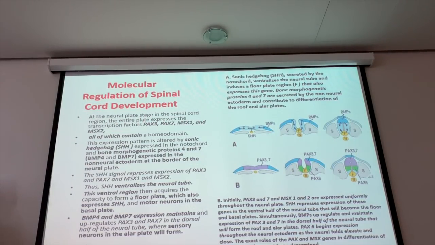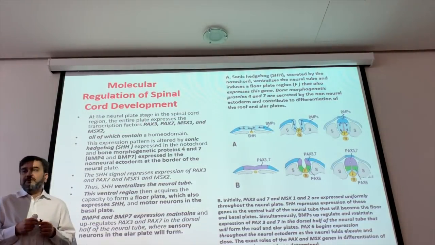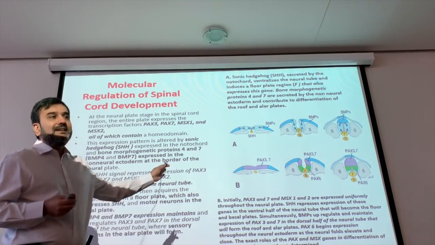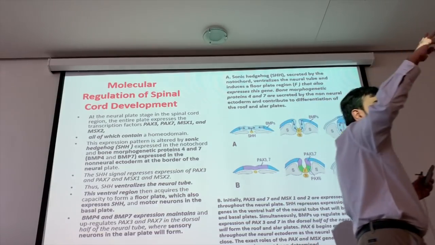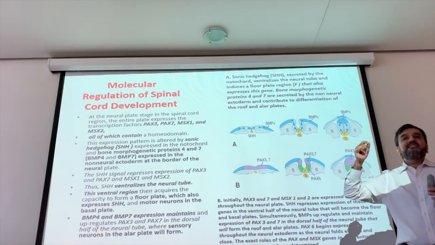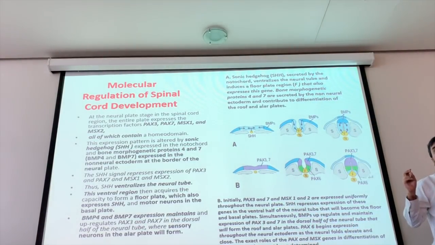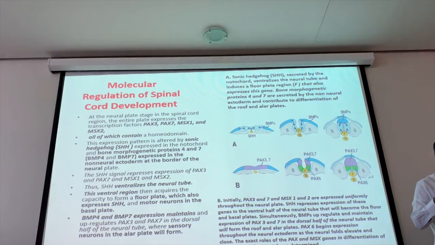In terms of the molecular regulation of the spinal cord, there's a lot of detail given here. What you need to remember are two important regulators. One is TGF-beta and the other is sonic hedgehog.